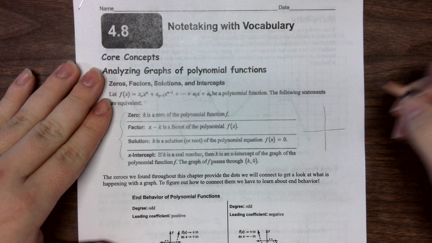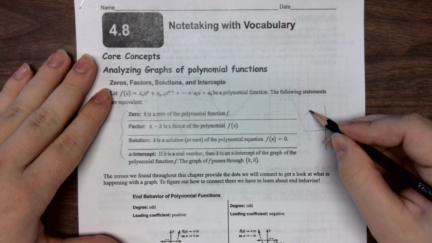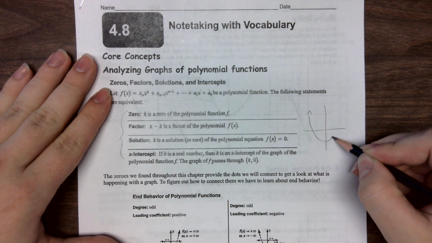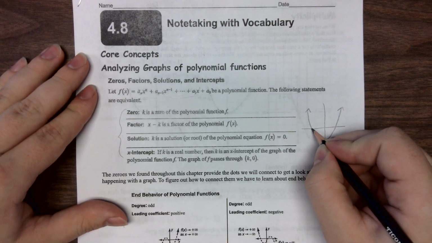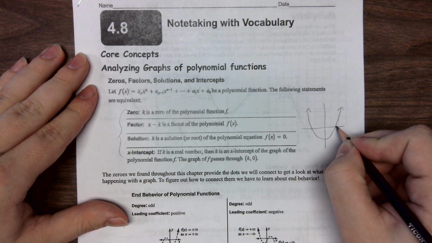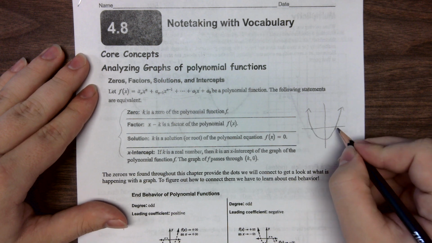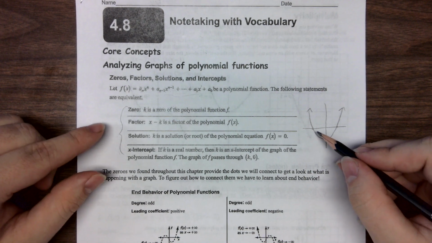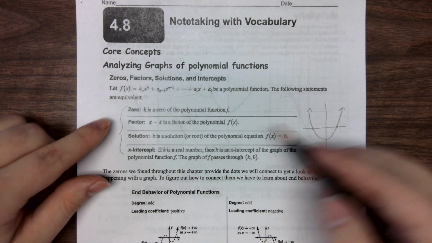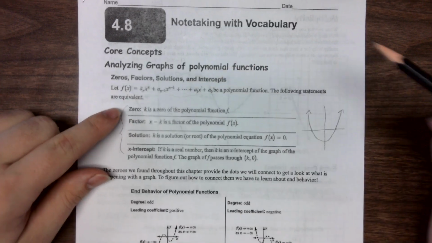If I were to graph a quadratic, I might get something that looks like this. Our x-intercepts are right here and right here. So we have two x-intercepts. Those are also known as the zeros of our graph.